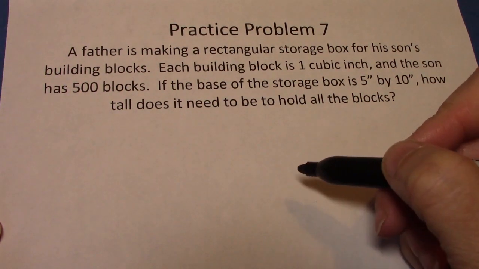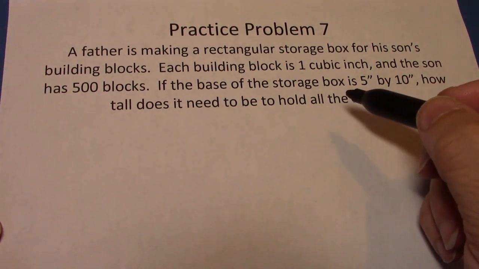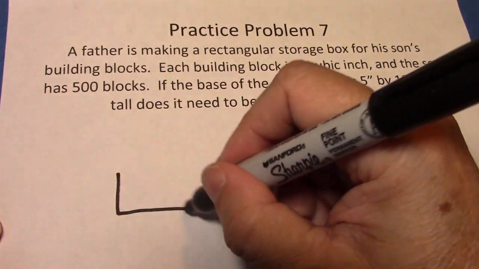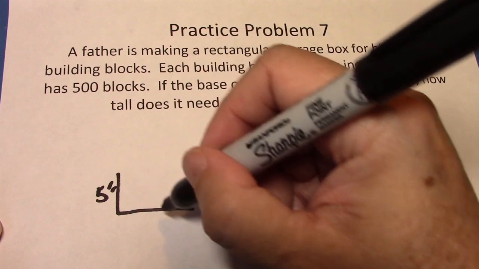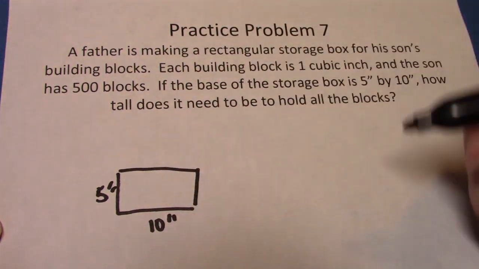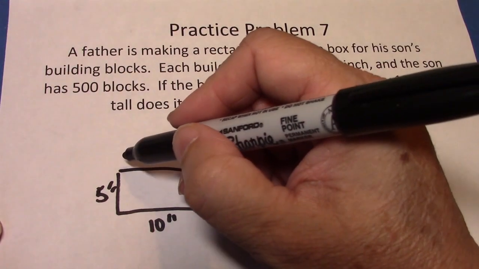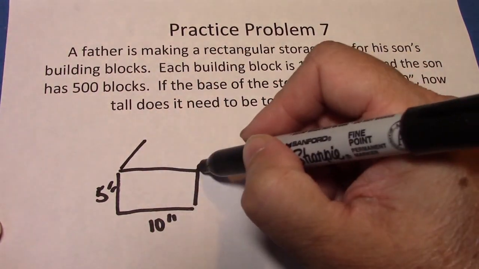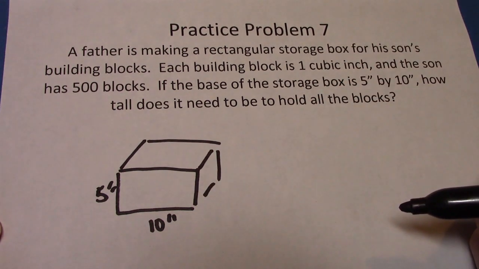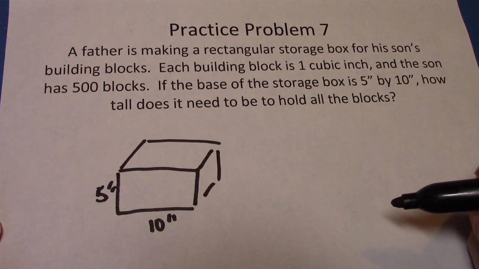Okay, let's make a little picture here. The storage box is 5 by 10, and we're talking inches here. So we need to add a third dimension in order to be able to fit 500 of these blocks in it.